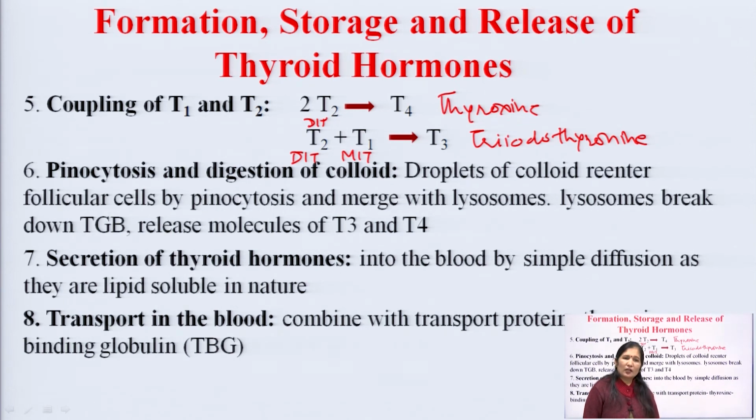These thyroid hormones are secreted into the blood by simple diffusion, because thyroid hormones are lipid soluble hormones. They can easily cross the cell membrane, so they can easily cross the follicular cell and enter the circulation.